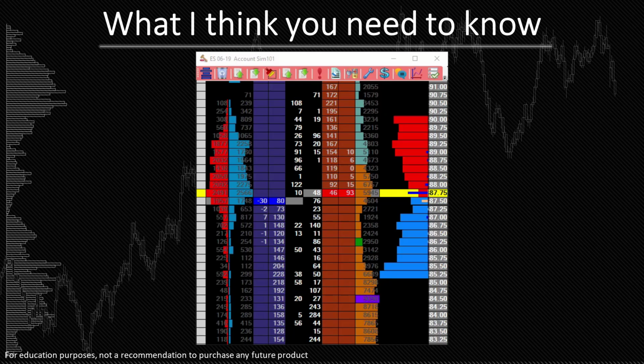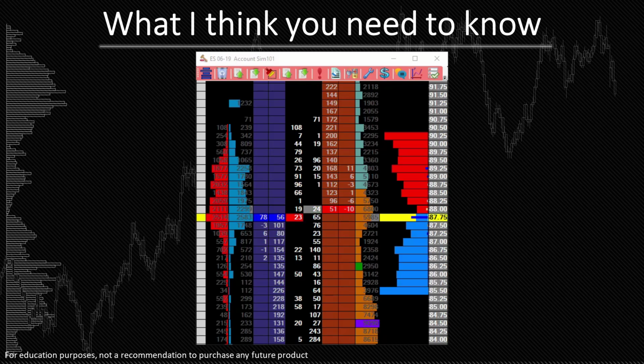I think it indicates where people want to trade, levels that algorithms are defending or purchasing at or selling at. I think we can learn a lot more from volume at price, and that's what I base my trading on, trying to determine where somebody is going to defend a price level in order to protect their position.